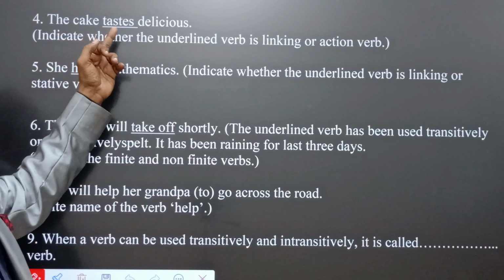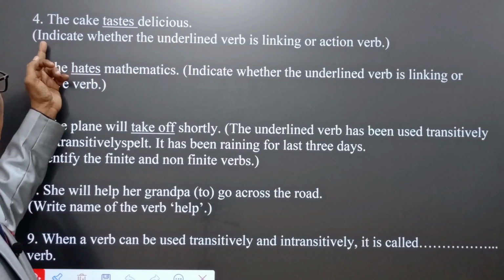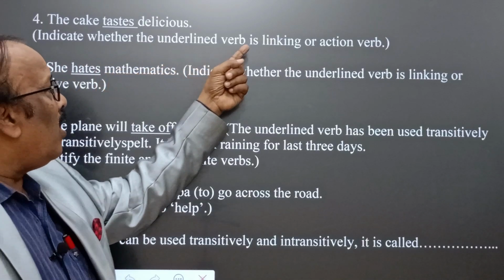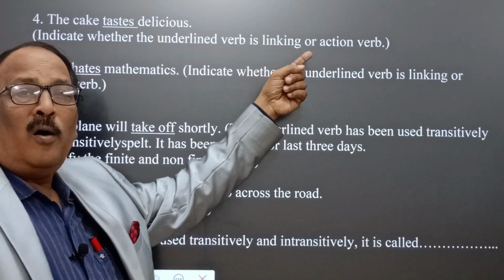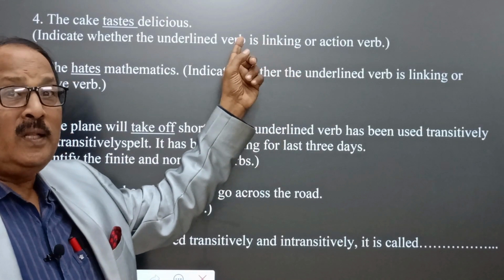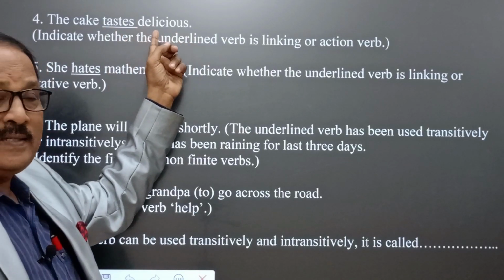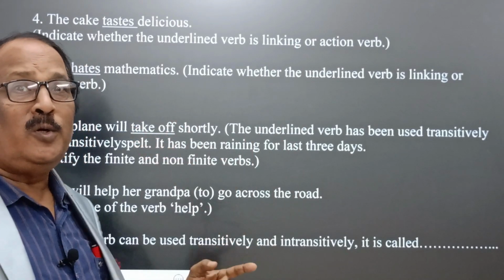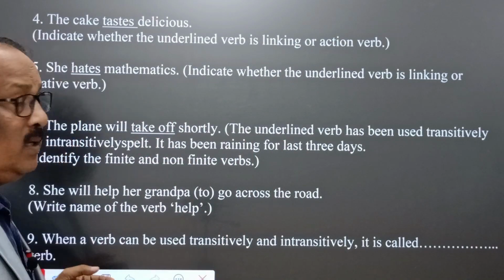The cake tastes delicious. The instruction is to indicate whether the underlined verb is a linking or action verb. Here we have 2 alternatives. It is your duty to choose the correct one.